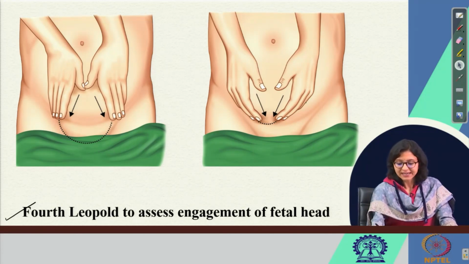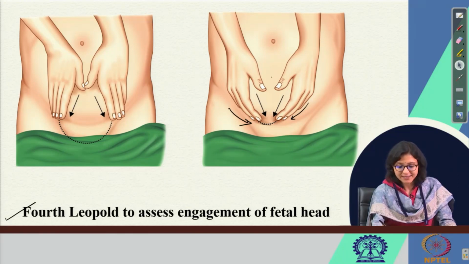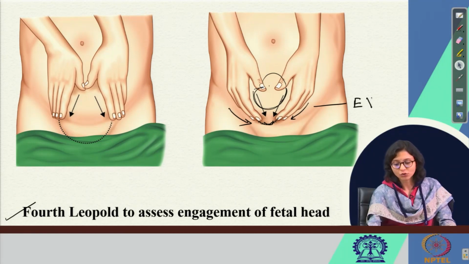What I was telling, that when the two fingers of the two sides of the examiner oppose below the presenting part, say here is the fetal head, and you can go below this, that means engagement has not occurred, no engagement.